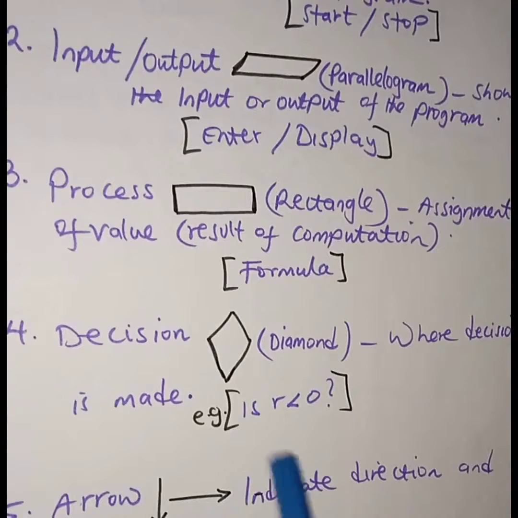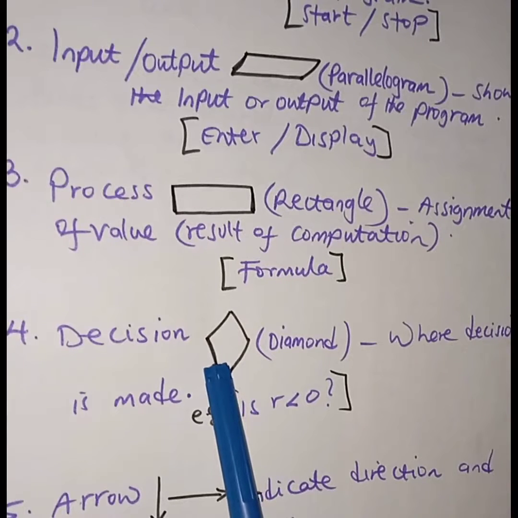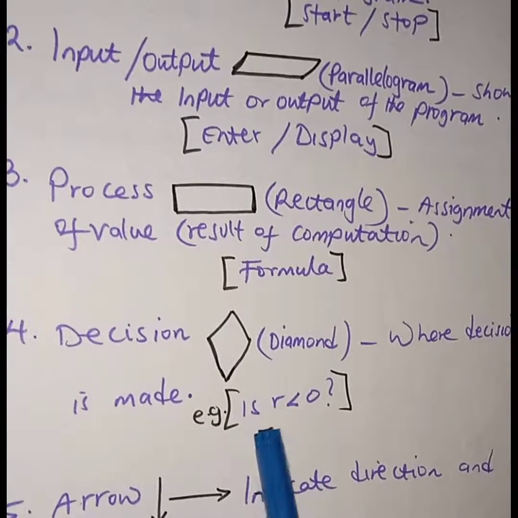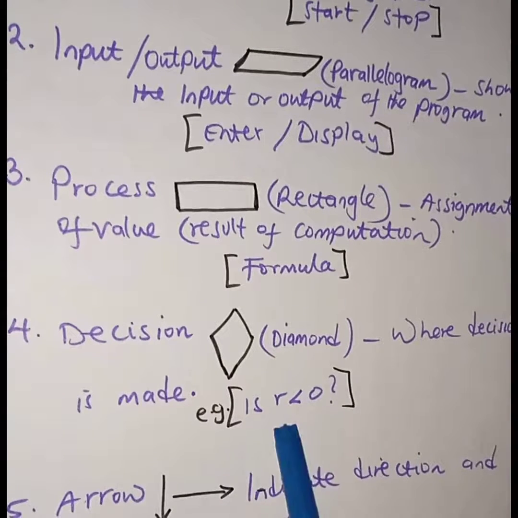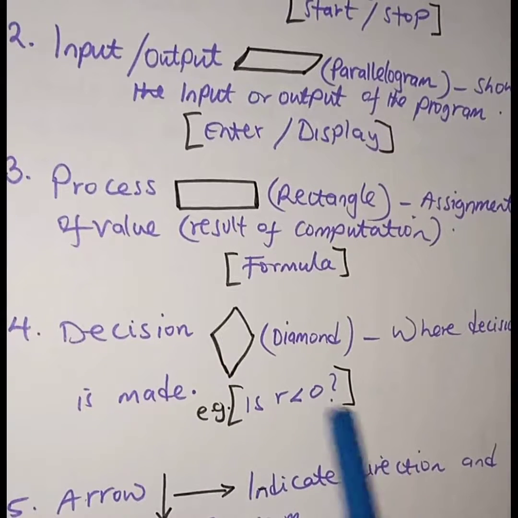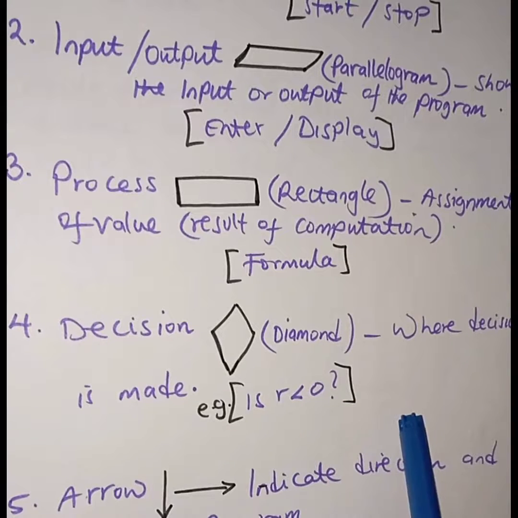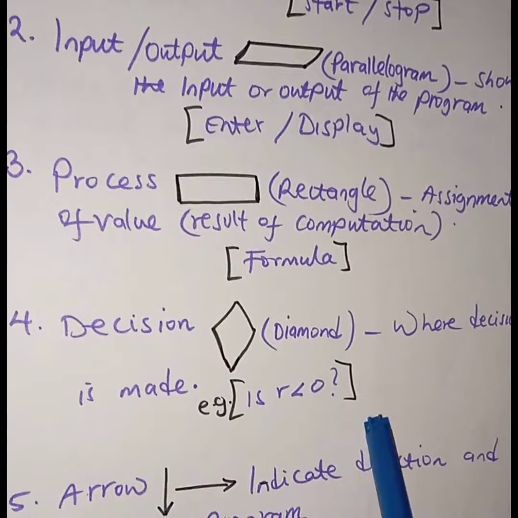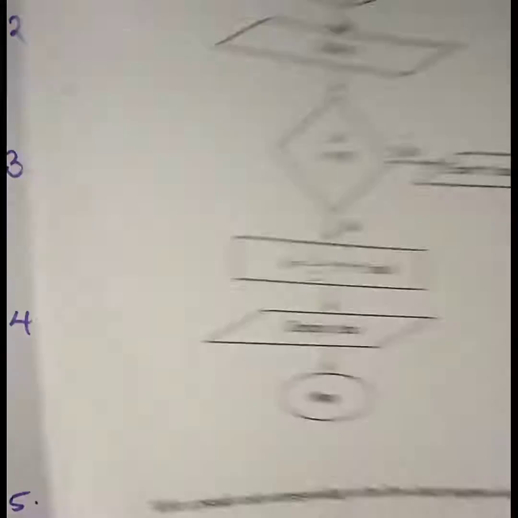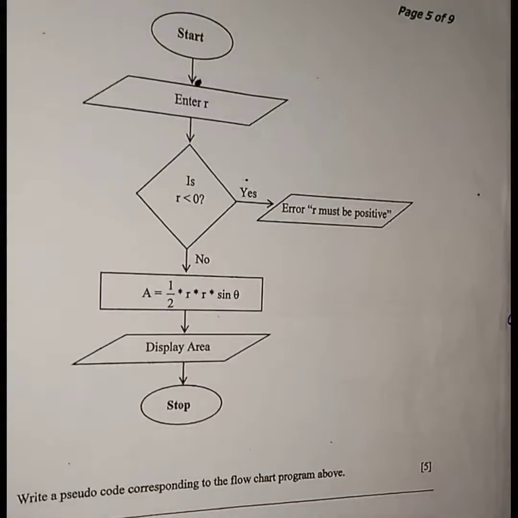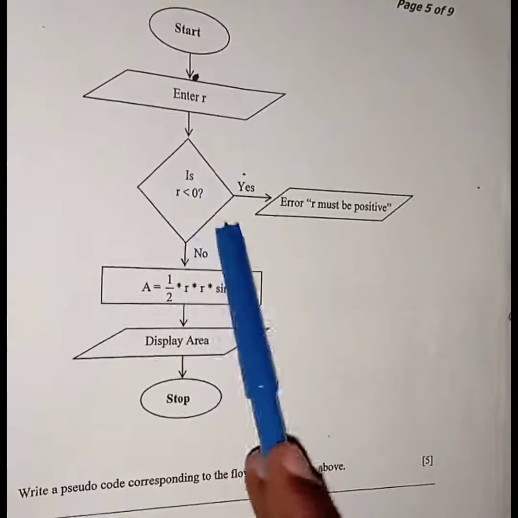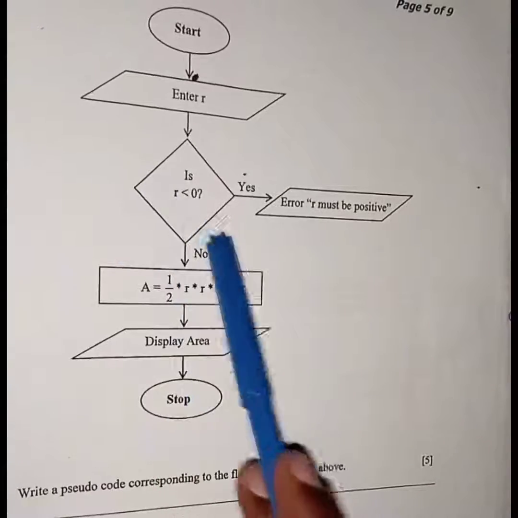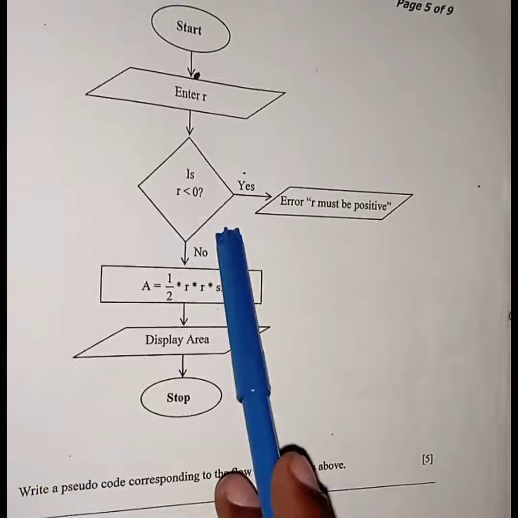Inside this shape, that is where you can find statements like is r less than 0, is h less than 0, is l less than 0. Check this out. Have you seen the decision here? Is r less than 0? So this is a decision symbol. This is what you're supposed to write in it.